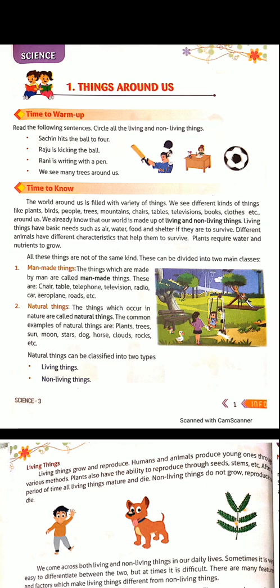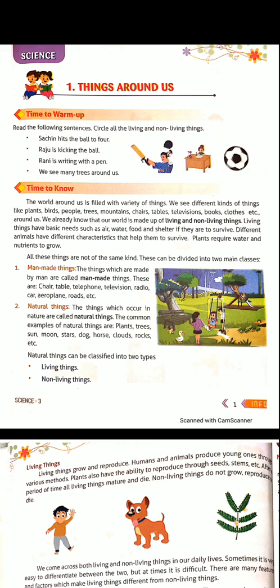So we will categorize these things mainly into two types: one is man-made things and the other one is natural things. We will be categorizing all these things as man-made and natural things. Let us read the next paragraph.